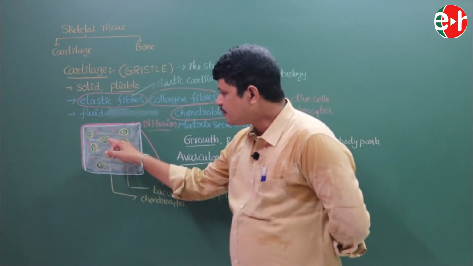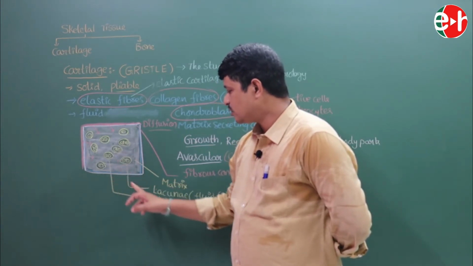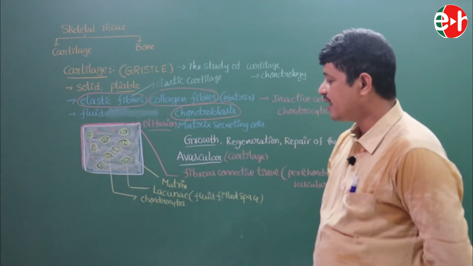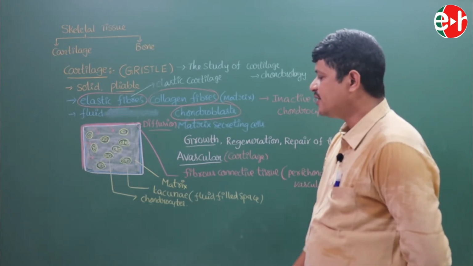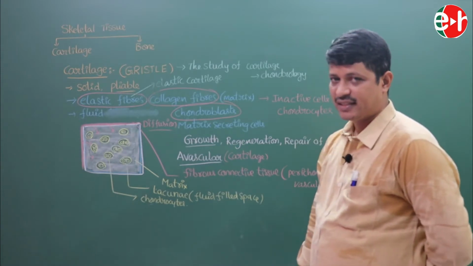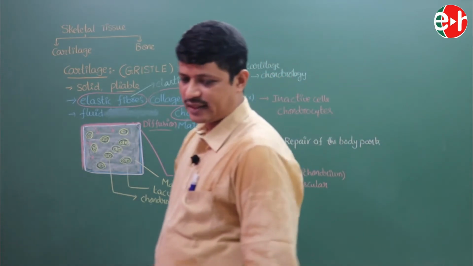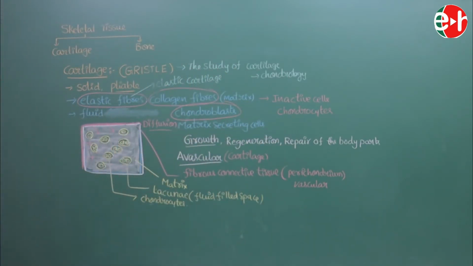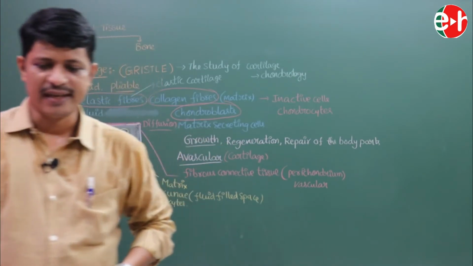Inside the cartilage, the fluid spaces are lacunae. It contains one or two inactive cartilaginous cells, chondrocytes. This is the external structure of the cartilage. Now we are going to discuss the types of the cartilage.